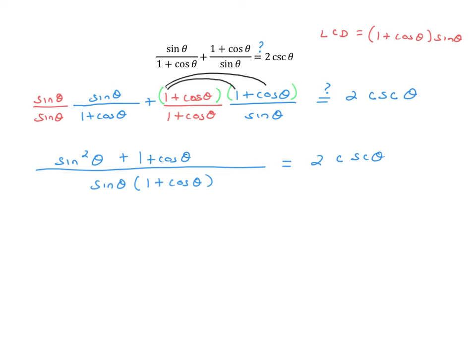Hopefully I'll have enough room. We now have to do the same thing. We have to multiply in the cosine of theta. So cosine gets multiplied to 1, so we get another cosine. And then we have to multiply the cosine to this cosine, and it gives me a cosine squared.